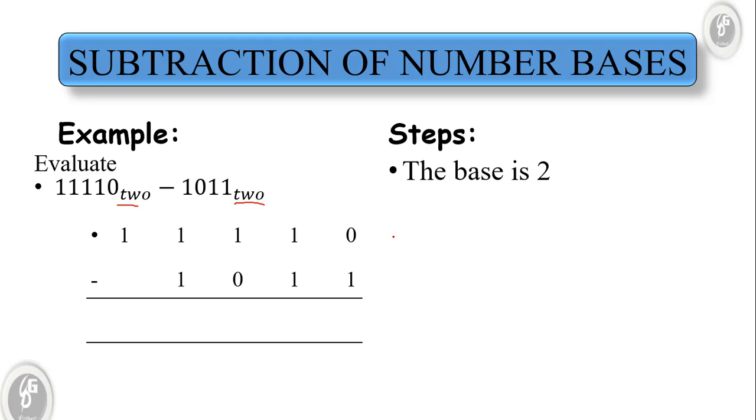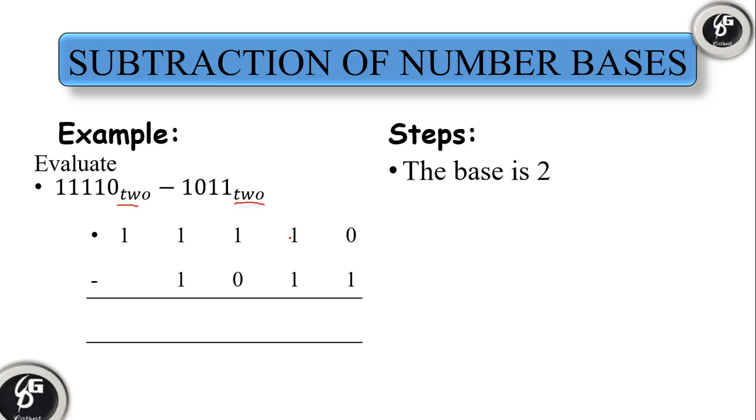So now let's go. 0 minus 1, 0 take away 1 is not possible. So we need to borrow from this one. This one is 1 lot of the base.